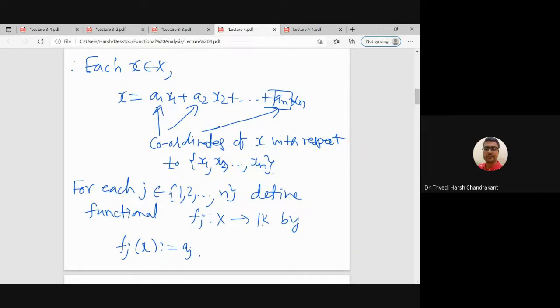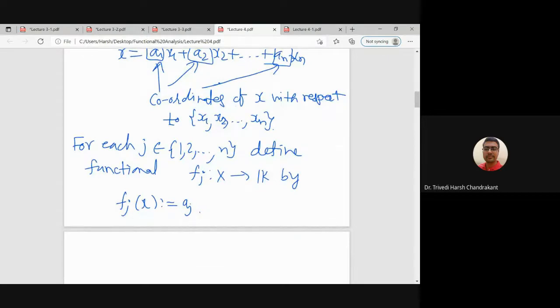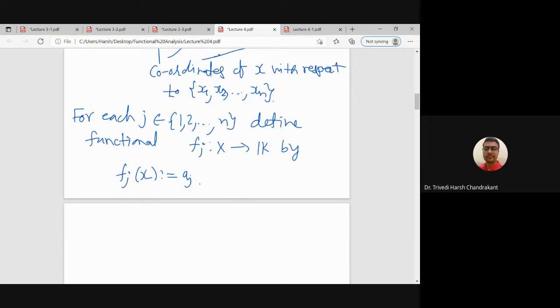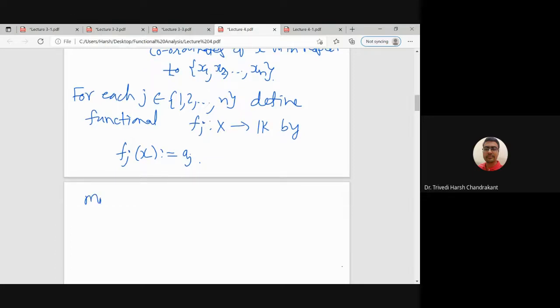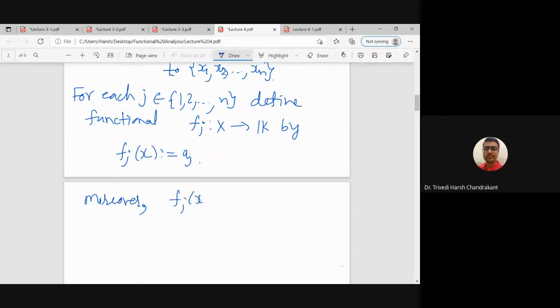So f1(x) is a1, f2(x) is a2, fn(x) is an. These are basically the coordinate functions. Moreover, they satisfy fj(xi) equals delta ij.